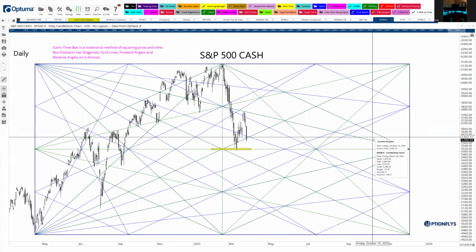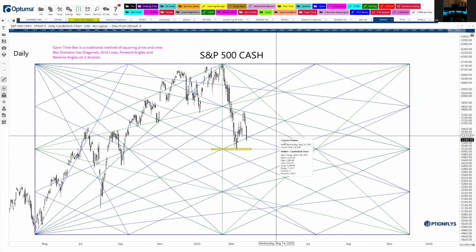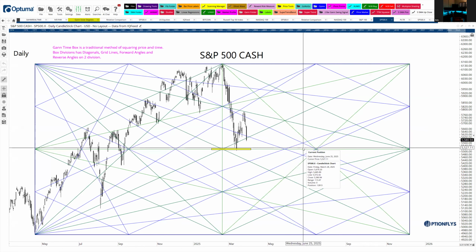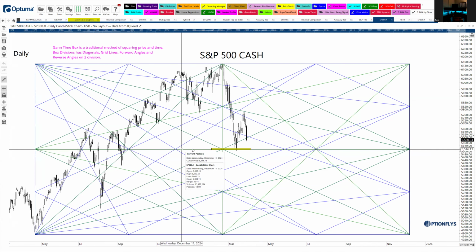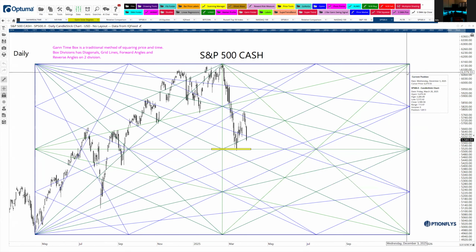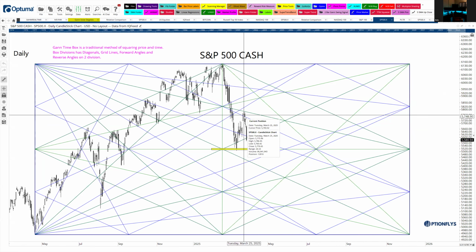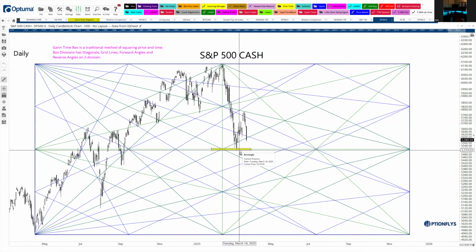I don't know. We'll see. Because if I use this one, I mean, I watch them every day. This is the center grid of this time box, where we had this bounce, and this is exactly the low that we had.